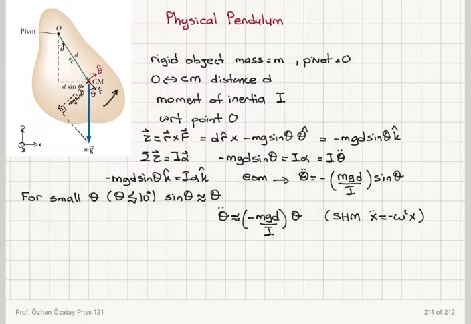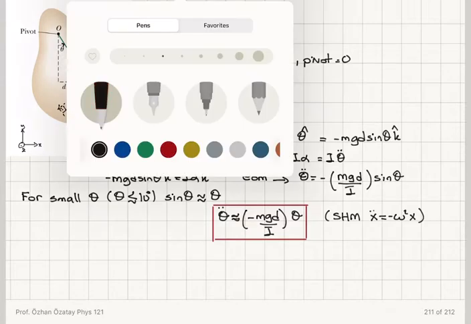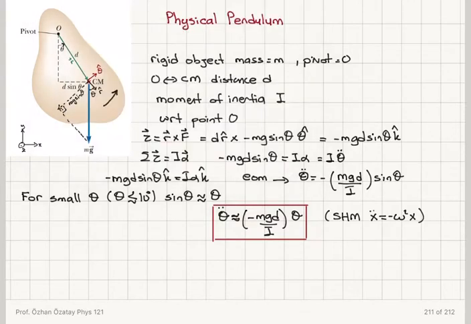Okay, so in simple harmonic motion, I need to have an equation of motion of the form x double dot is equal to minus omega squared x, and that is in this form. So I can see that this equation of motion is in the form I would like it to be.